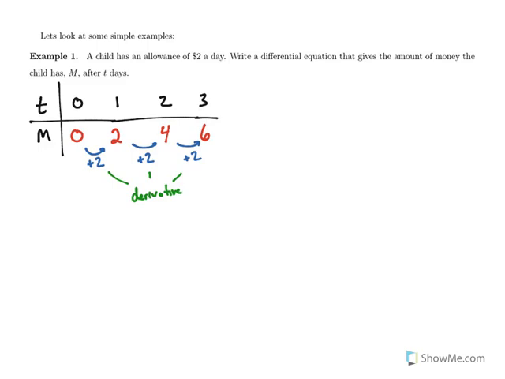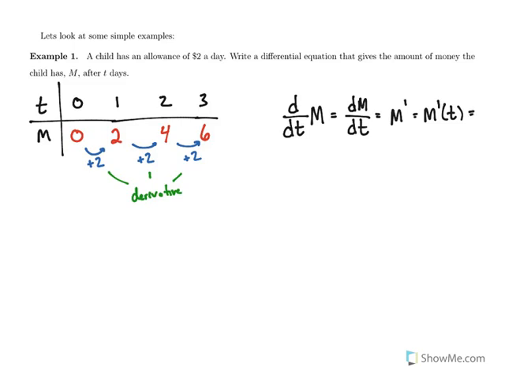So just to write down the differential equation here, we have that the derivative d dt of m, we're going to write that often as dm dt. We could also think about that as m prime, or we might write this as m prime of t. So all these things are the same.